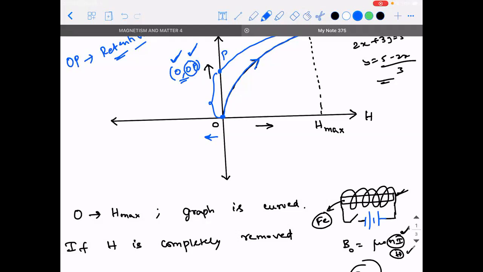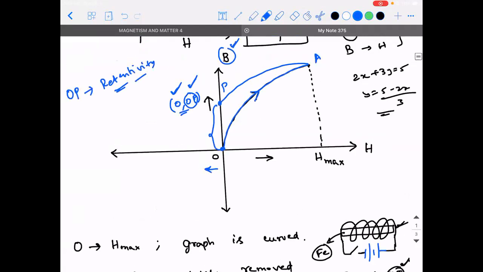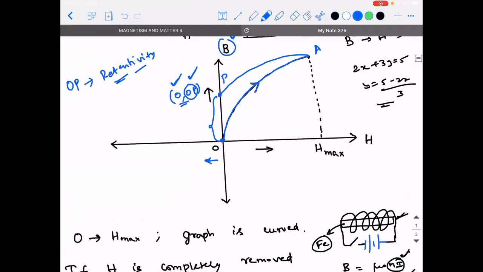So it was H that was helping the material to get magnetized, till the point A. Now I have a question. When you start applying H at O in the reverse direction, what will happen?